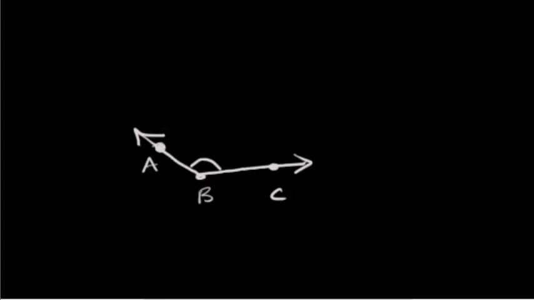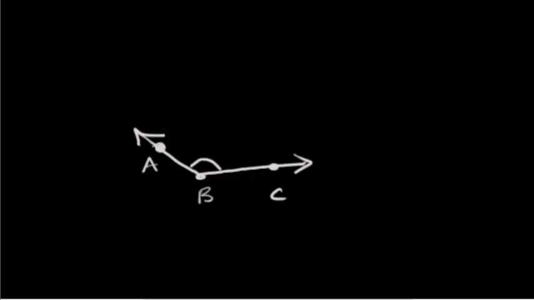Now, if an acute angle is an angle less than 90 degrees, then when we have an angle greater than 90 degrees, we get what's called an obtuse angle. So let's call that point A, let's call that point B, and let's call that point C. When we have an angle greater than 90 degrees, it could be 91 degrees, it could be 110 degrees, it could be 150 degrees, it could even be 200 degrees.